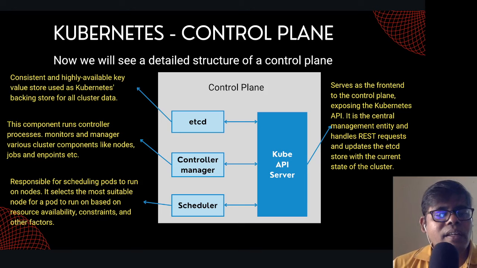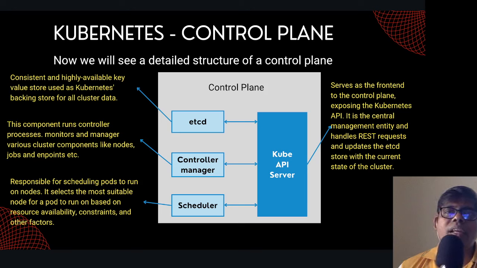Okay. And the scheduler is responsible for when you create a pod or when you are deploying. The scheduler schedules bringing these containers up. That means any application that is not running or any application that you want to deploy is taken care of by the scheduler to actually deploy and make it up in the container.